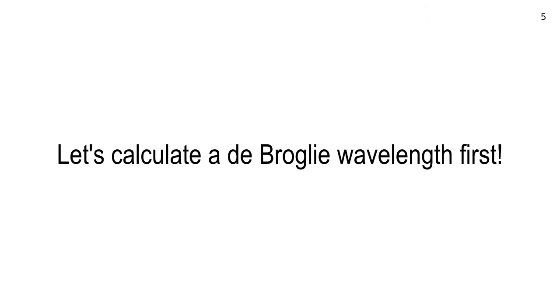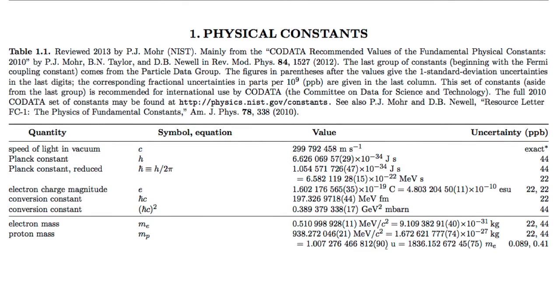Now, first thing we're going to do today is calculate the nitty-gritty of the de Broglie wavelength. And we're going to use some of the physical constants. Here's a little slice, a screen grab from a publication on a website down in Stanford.